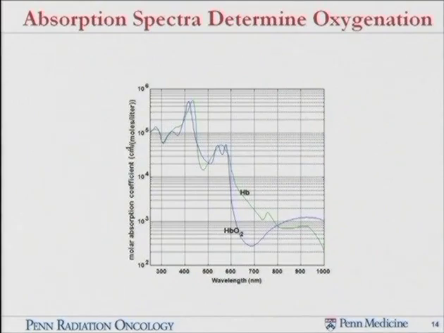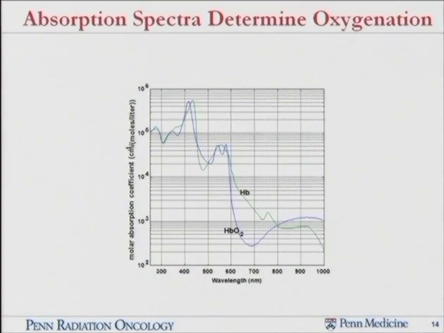And here is again a diagram that shows the absorption spectra for oxy- and deoxyhemoglobin, and there is a very large difference between the two between 600 and 700, and that can be easily used to determine the oxygenation in the tissue.